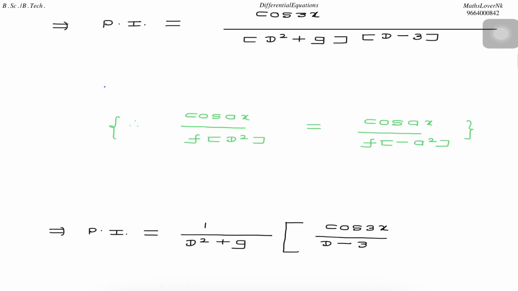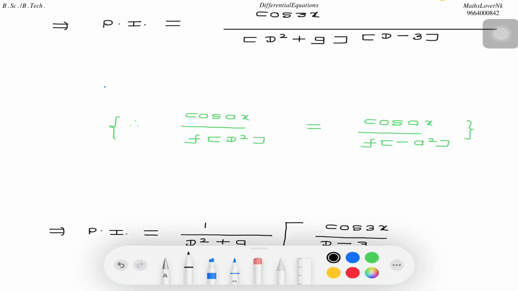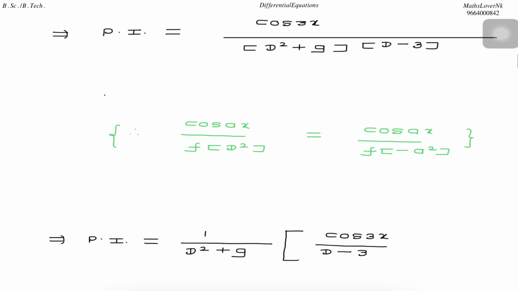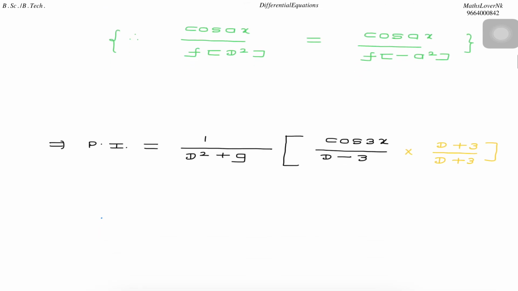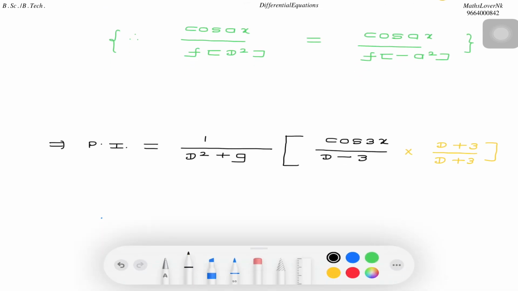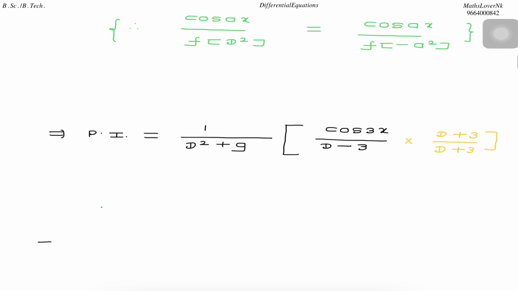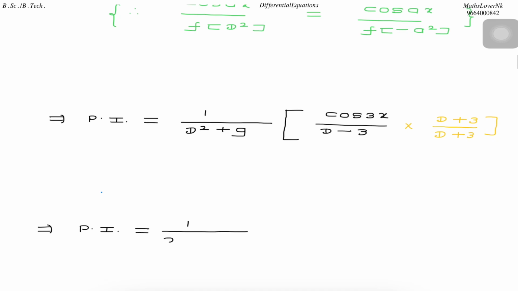Now for formation of D square in the denominator, we multiply by the conjugate of the denominator, that is D plus 3 upon D plus 3. So now we apply the method and solve. Then we get PI is equal to 1 upon D square plus 9 as it is.